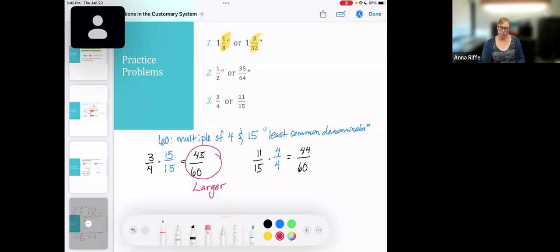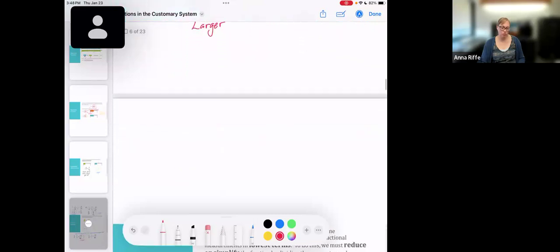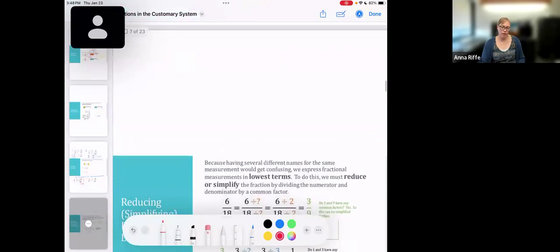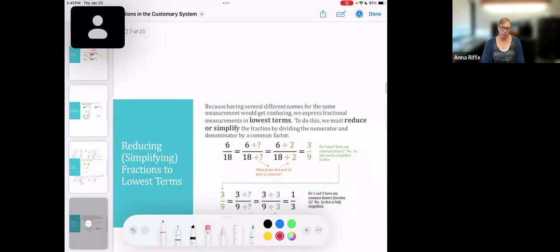Great. Okay. Let's go ahead and talk about the reverse of this. So we can create equivalent fractions by multiplying the numerator and the denominator by the same thing. We can do the reverse direction. So we can reduce a fraction by dividing the numerator and the denominator by the same factor.